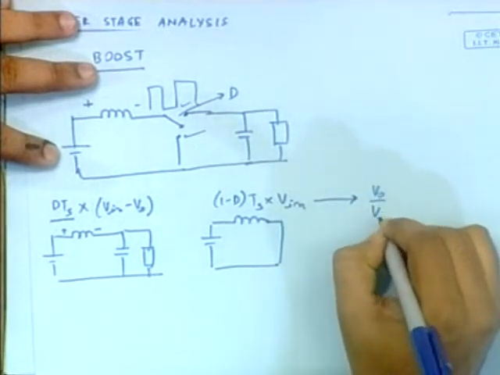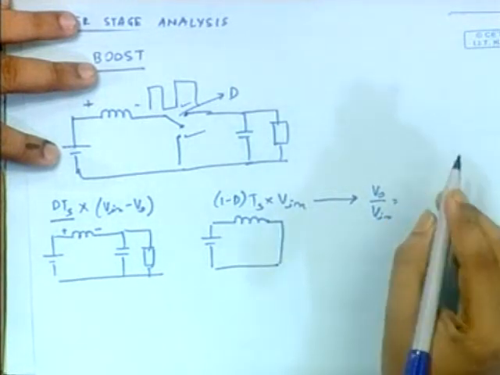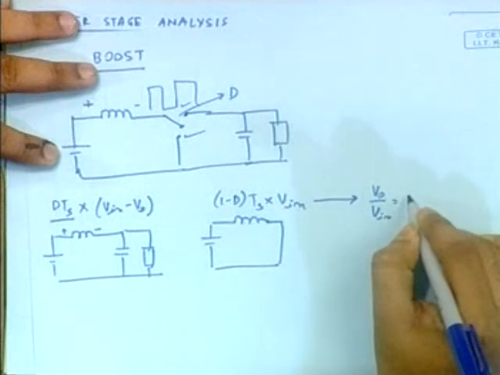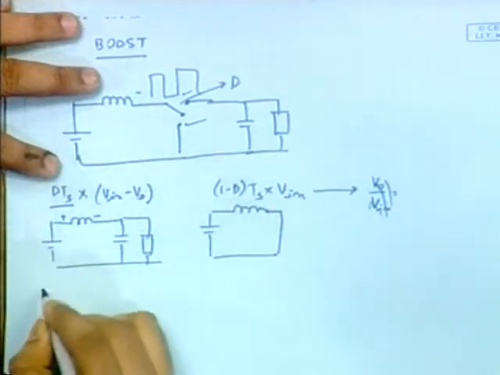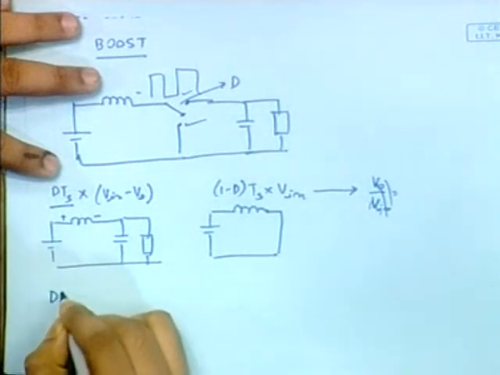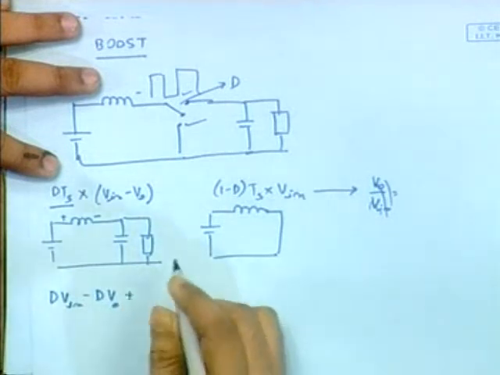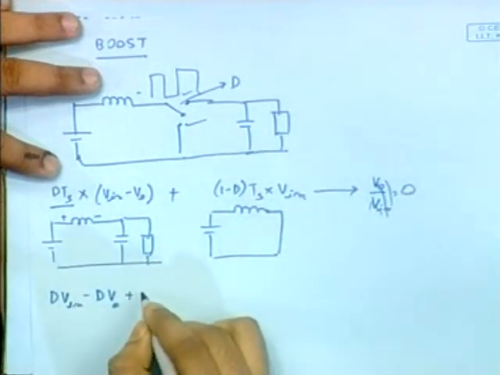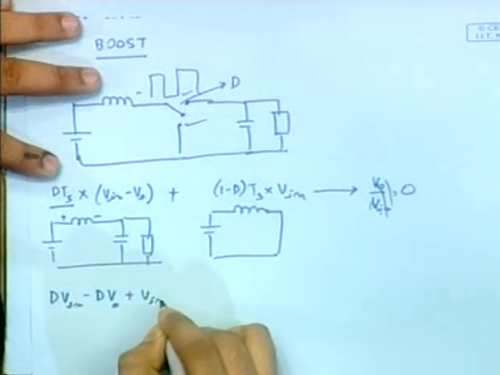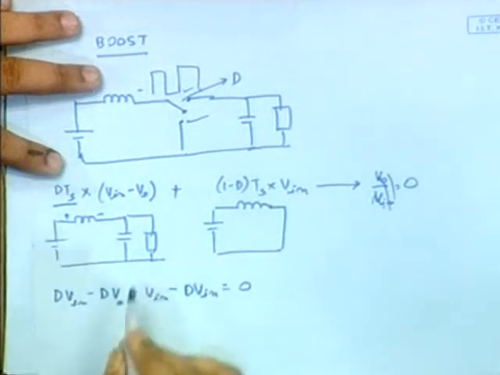Solve this algebraically, you will get V output by V in equal to, well, let's see how much this should be. You should try to solve this: dV in minus dV out plus this thing is equal to 0. So what comes here? V in minus dV in, this is equal to 0, right.